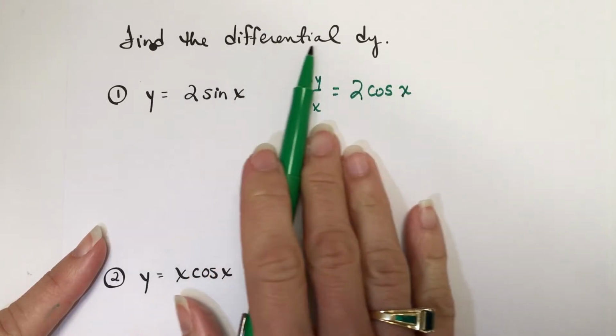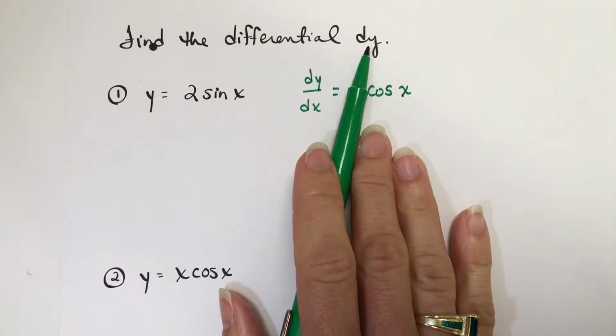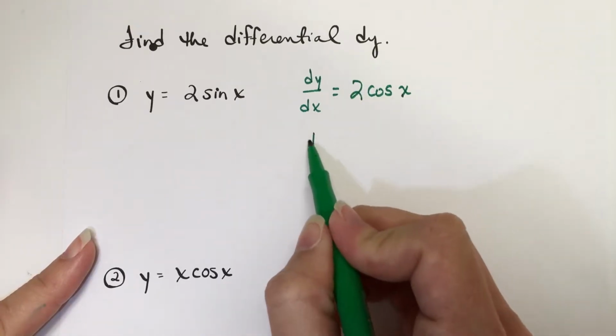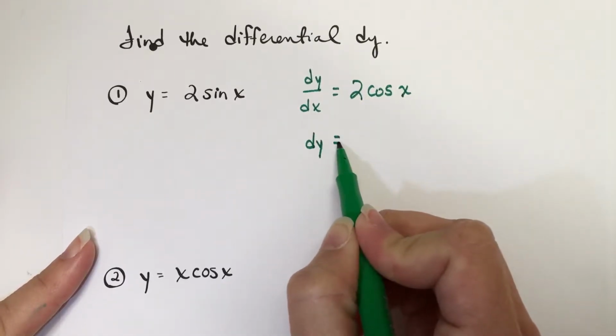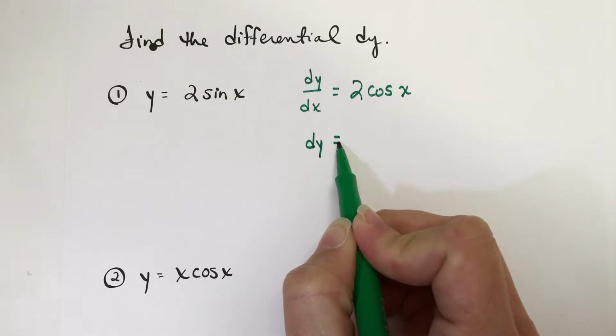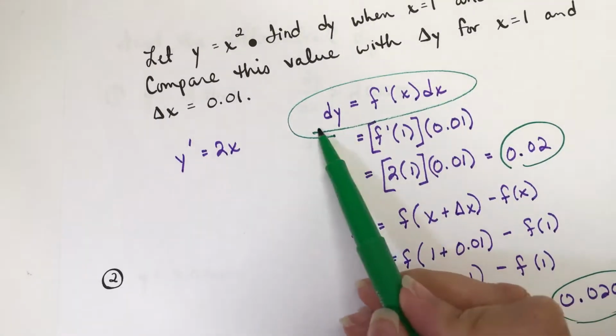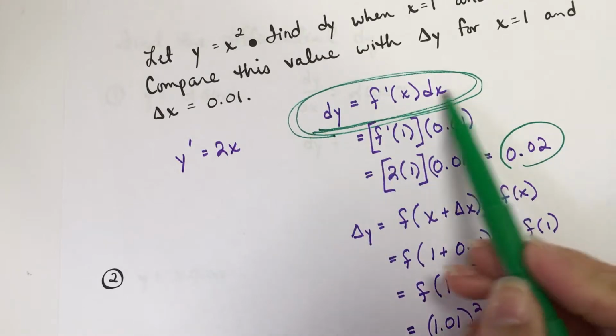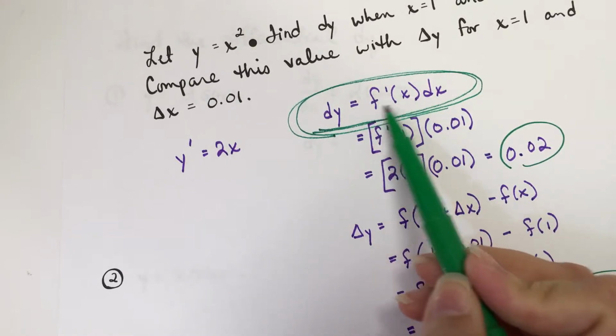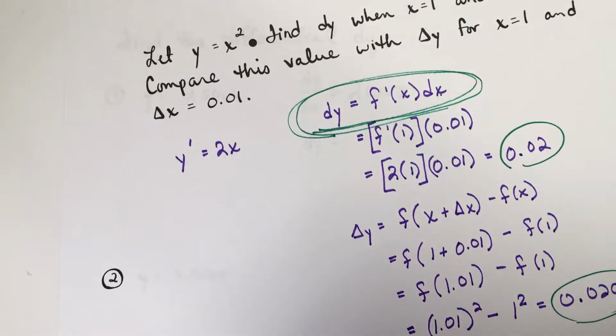So if they're wanting you to find the differential dy, that means you need this equation to be written as dy equals. Now, this, of course, goes back to what we were using a while ago. Again, I'll go back to this right here. So this is your differential form. It's your derivative times your dx.